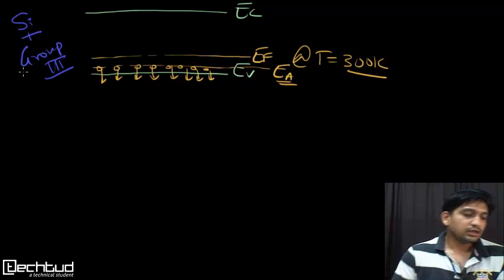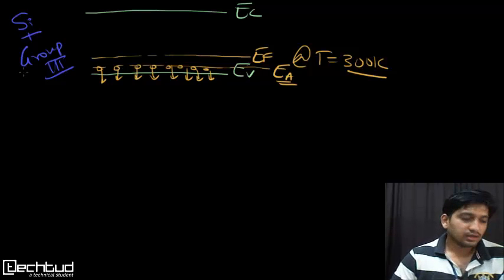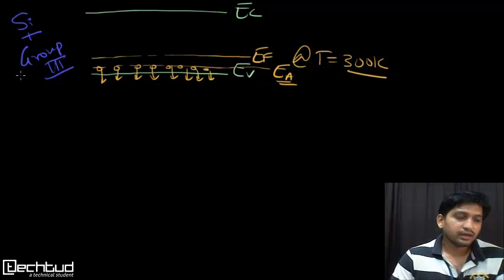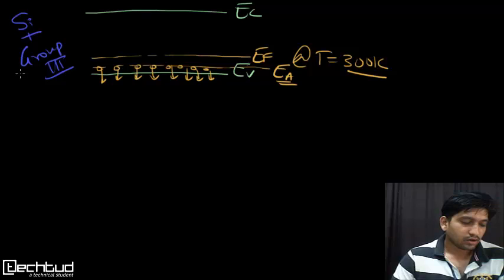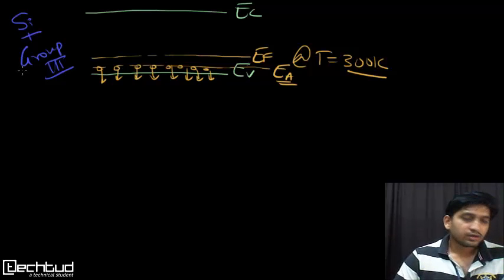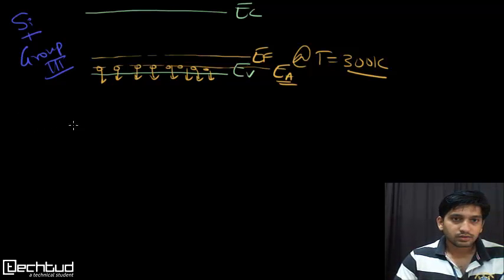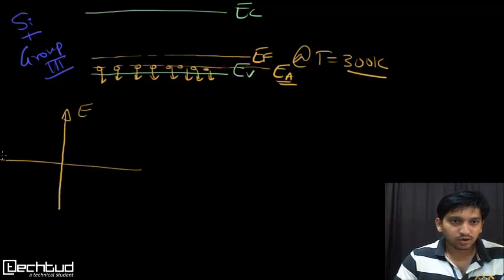Now let us see how this Fermi energy level can be used mathematically to compute the electron density, or the number of electrons. We know this picture: suppose this is my energy level E, and let us plot Fe along with this.